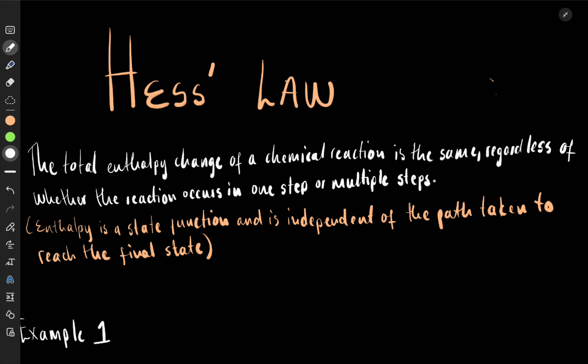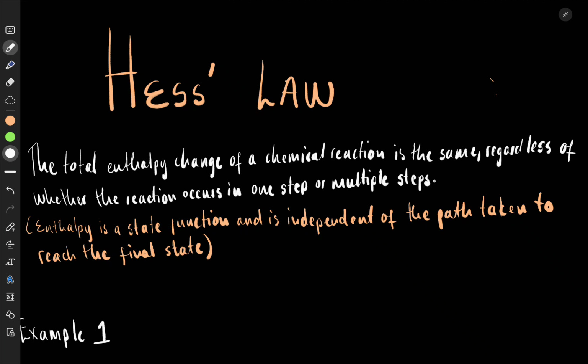But what we can do is measure the delta H of related reactions. So you may have some reactions that are related to the one you want, and we'll be able to measure their delta H, which is the heat that is transferred in the reaction. Either it is in or out, we don't care. But we may be able to measure their delta H. These are the related reactions.